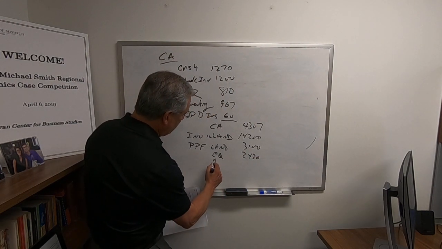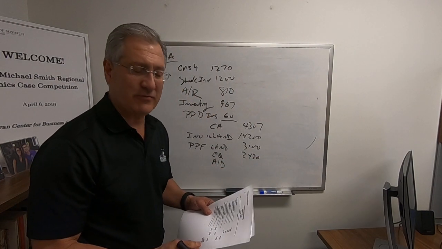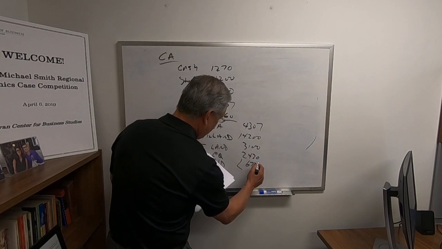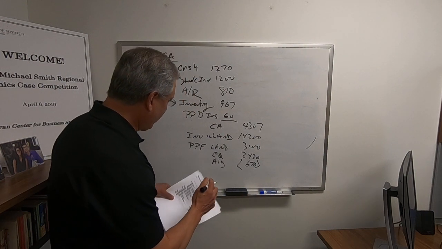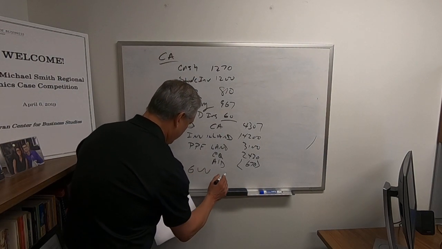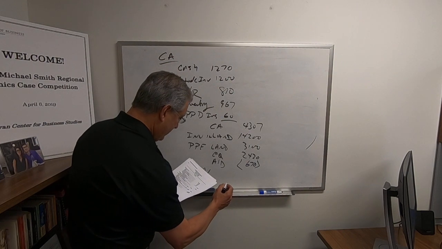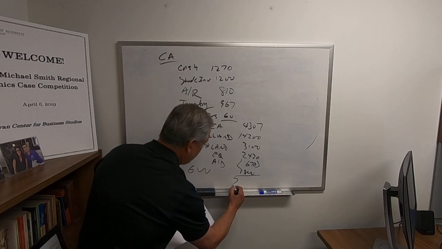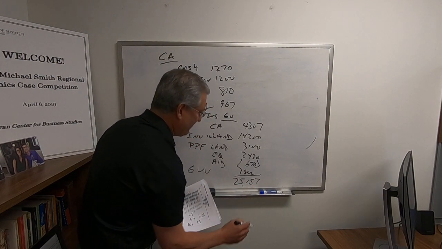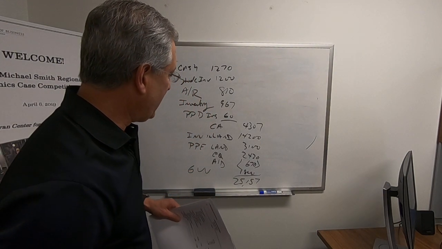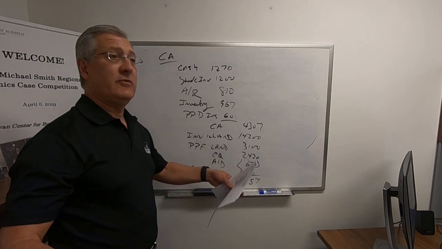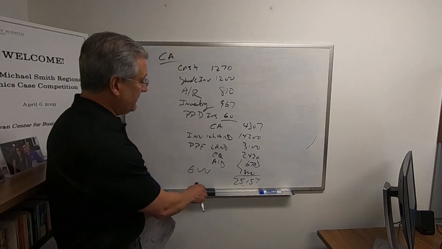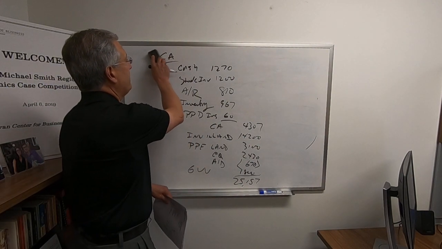And we have accumulated depreciation, which is a contra asset account. It's a negative 670. And we have our goodwill, sorry we're running out of room, of $1,800. You have total assets 25,157. And you know that's going to have to balance with our liabilities and owner's equity.